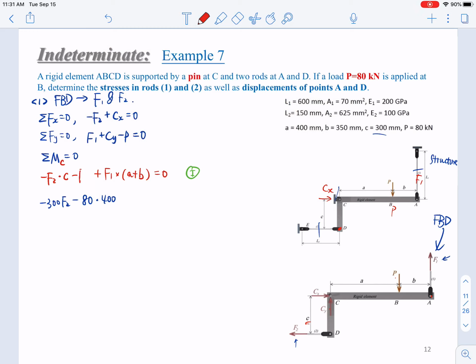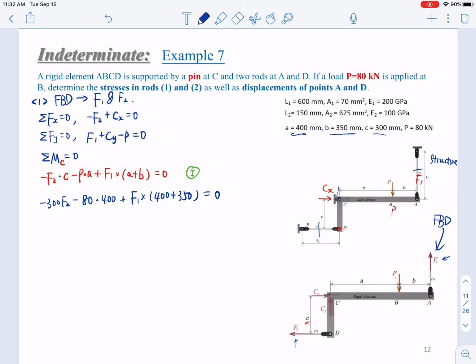So here it's P times A, right? Then plus F1 times A plus B. A is 400, B is 350. It's 400 plus 350 equals 0.